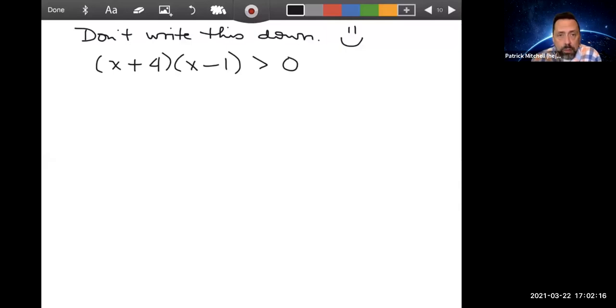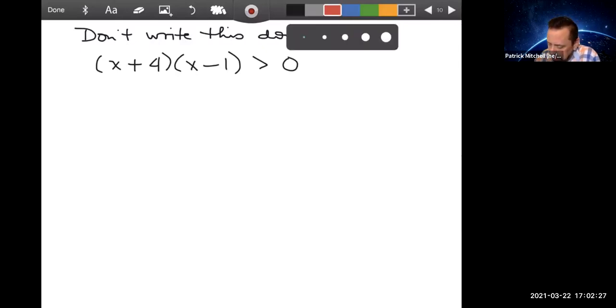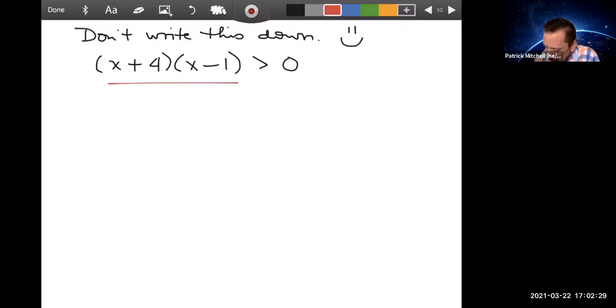So here we have x plus 4 times x minus 1 is greater than 0. Suppose we decided to just say, okay, I am going to divide both sides of that inequality by x plus 4. On the left-hand side, of course, the x plus 4s cancel, leaving me x minus 1.